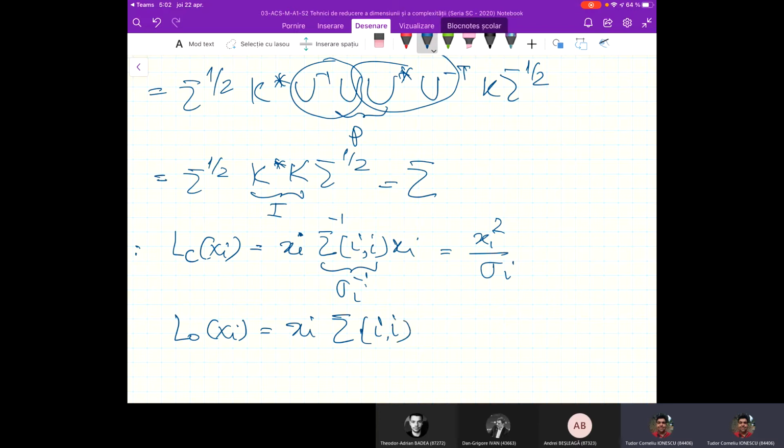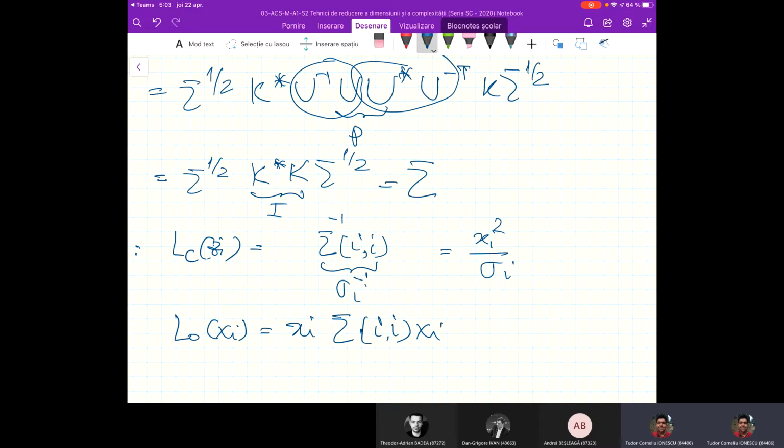because now the controllability and the observability gramians are equal and diagonal. They are both sigma in the balanced form times xi, but this is a different x. This is not the first x. This is in the new coordinates. Or maybe I should say it differently. I shouldn't use x. I should use z.